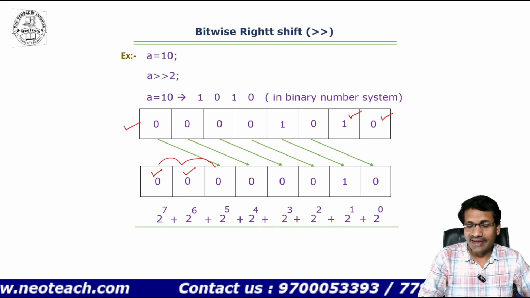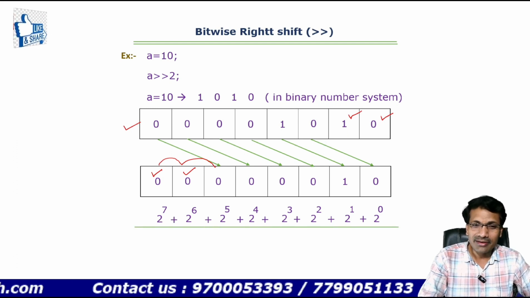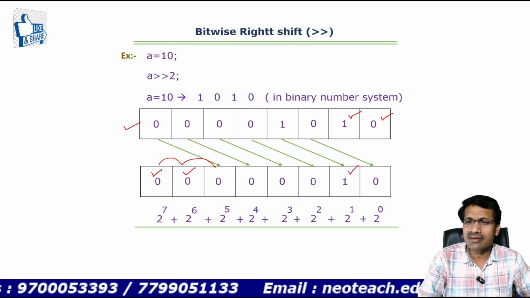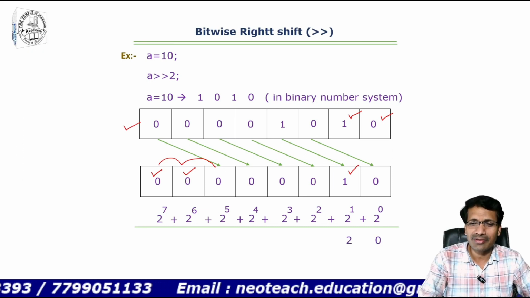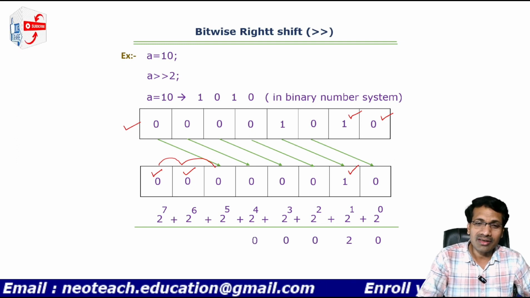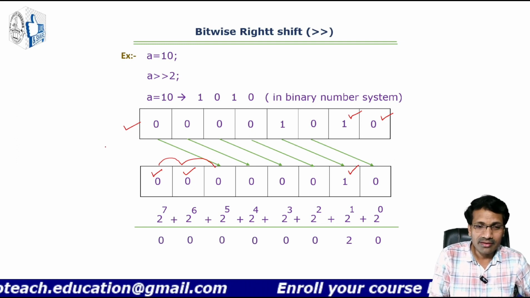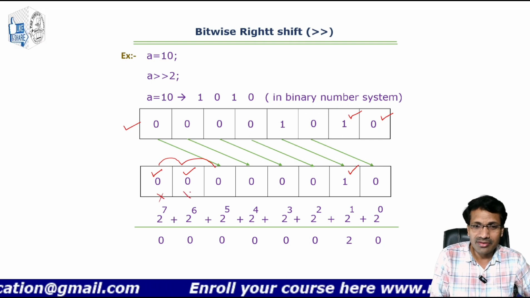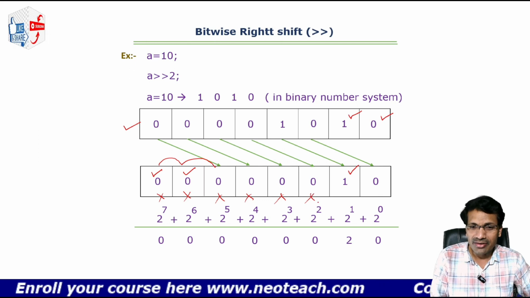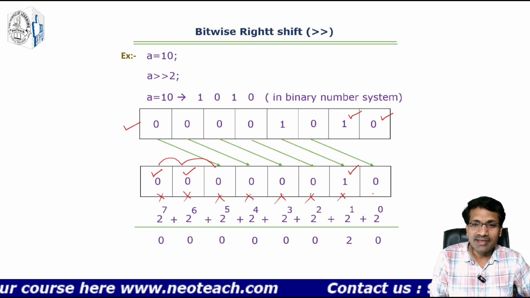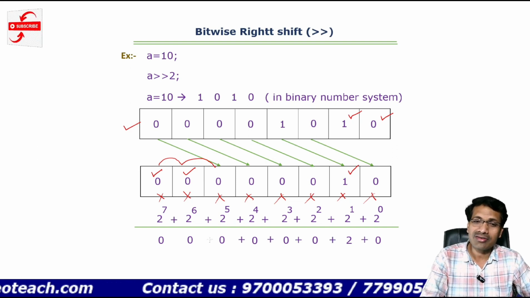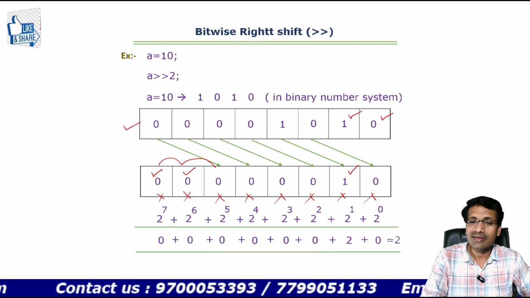As I explained in the previous example, we should consider only the bit which has 1, because the rest of the bits are 0 into something, which will get 0 only. 2 power 1 into 1 will get 1. Rest of all things are 0 into something, 0. Finally, adding all together, we will get the answer 2, right?